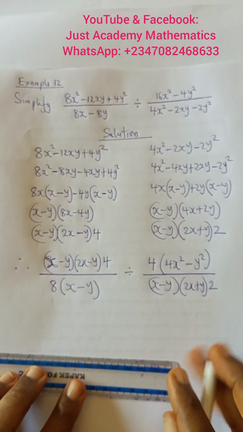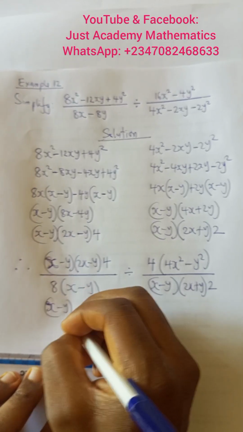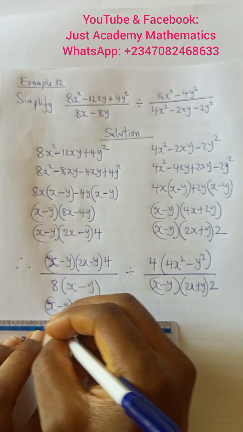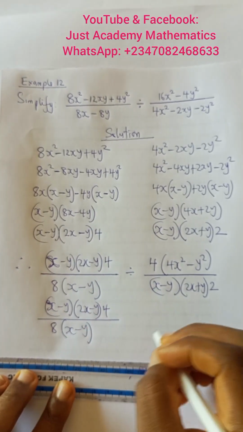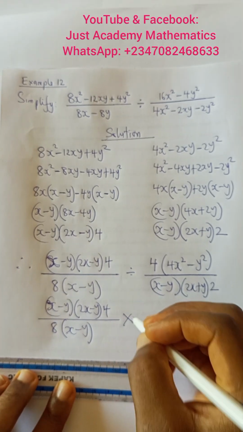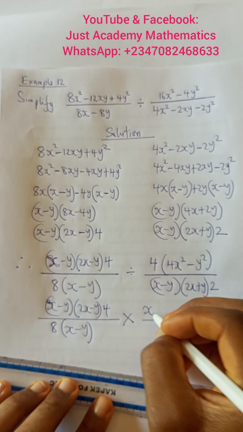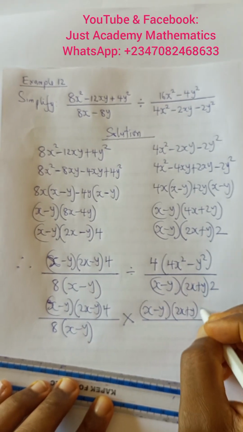Let's change it to times. If we are changing to times, we have x minus y times 2x minus y times 4 over 8 times x minus y. If this one comes up, you have times here. That is times x minus y, 2x plus y times 2.